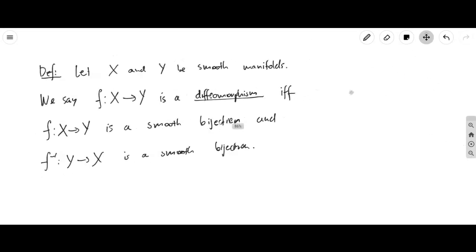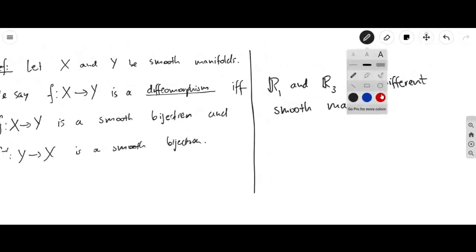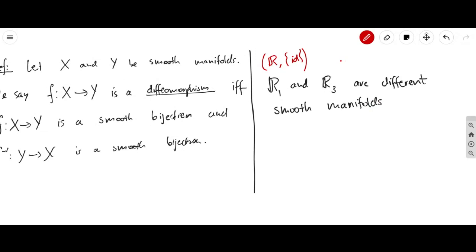And going back to our example, R1 and R3 are different smooth manifolds. So just to say this again, this is the real line with the identity chart, with an atlas consisting of a single chart, which is the identity chart.